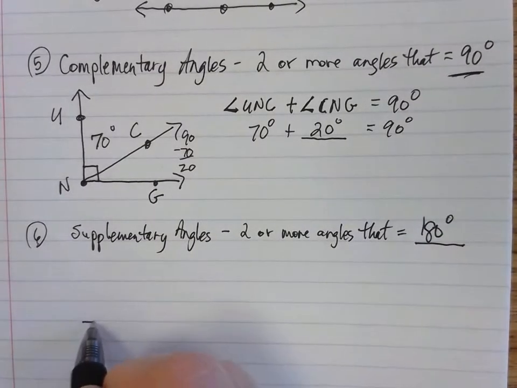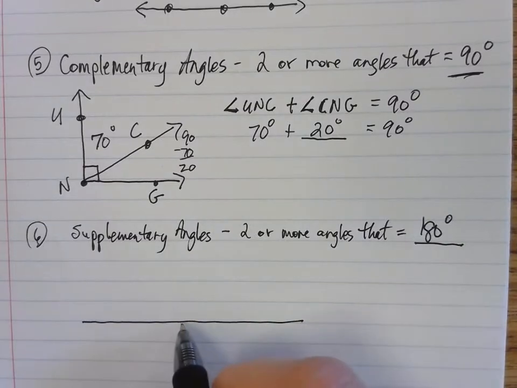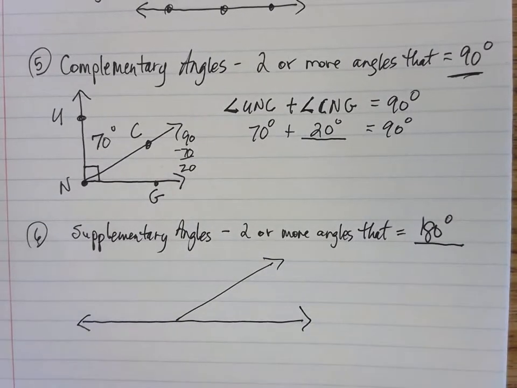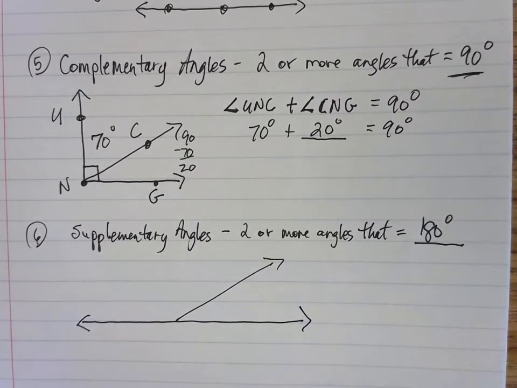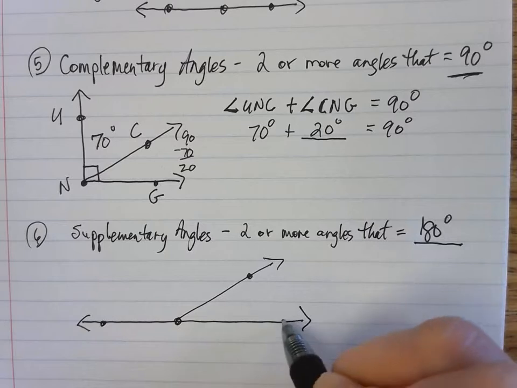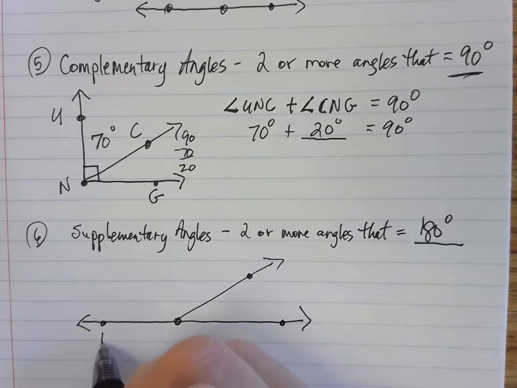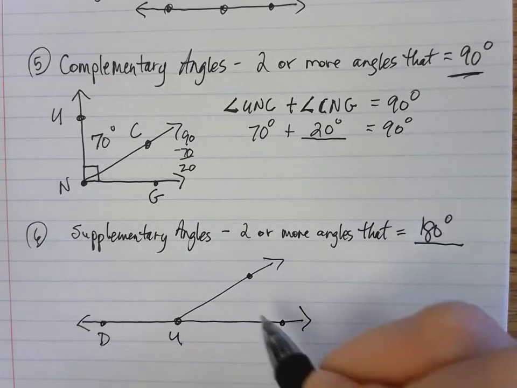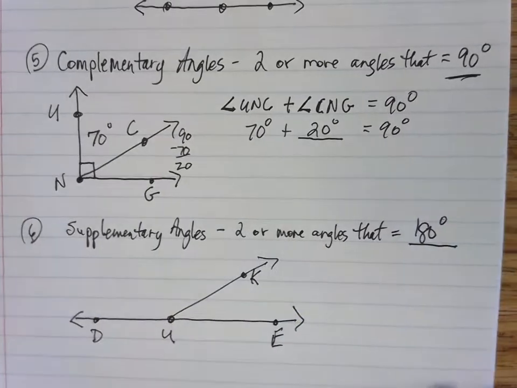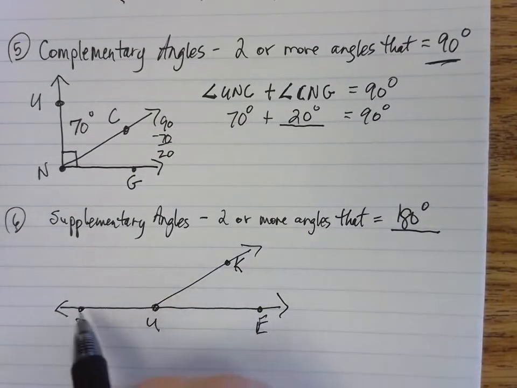And so here's what the picture of that is going to look like. Okay, so we got that, and we got that. All right, so let's say here we've got angle, let's give these letters D, U, K, E. So we've got angle DUK right here.